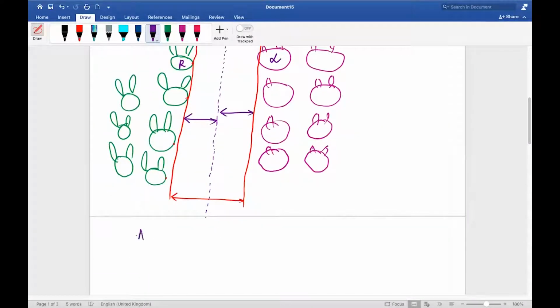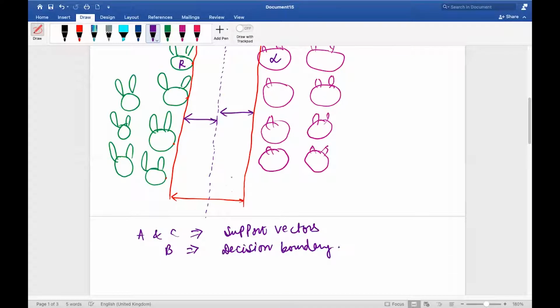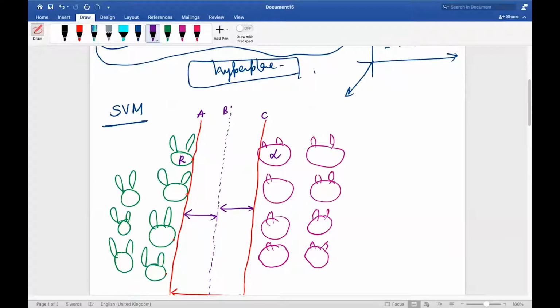And B is my decision boundary, which separates both the classes. But understand this: SVM works in a way that this margin, in any given scenario, needs to be the maximum possible.